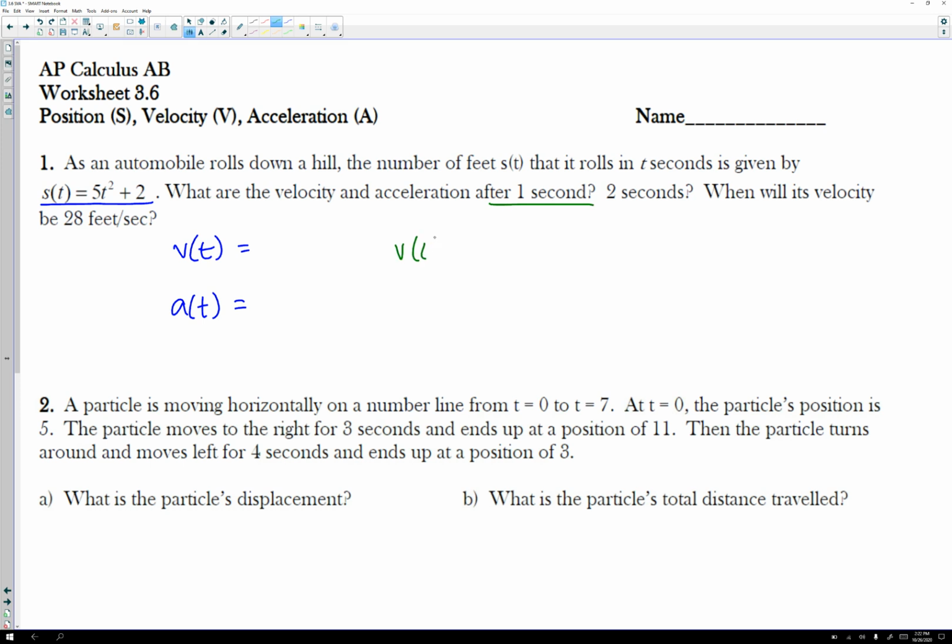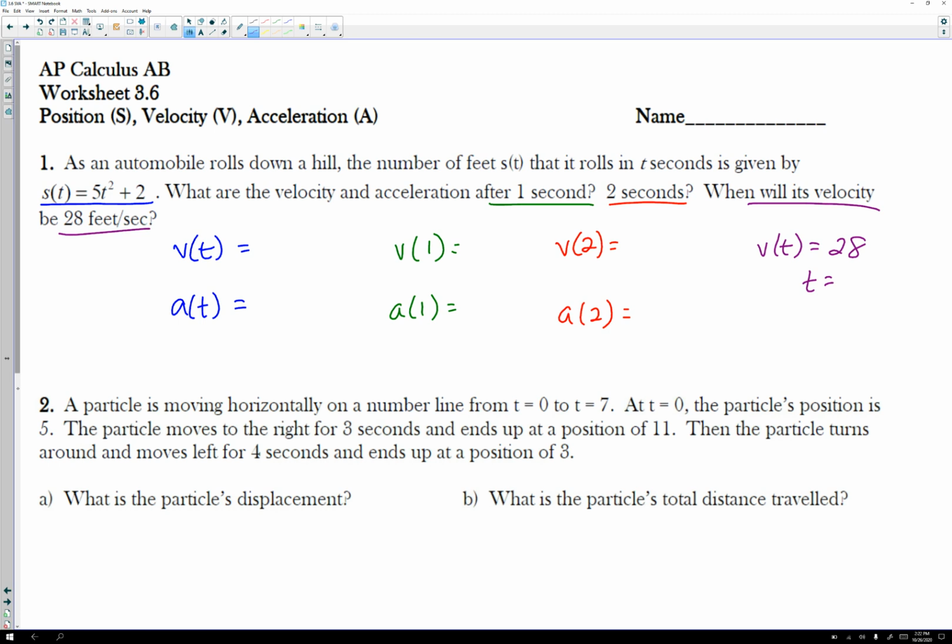You're going to find v of 1 and a of 1. And then after 2 seconds, you're going to find v of 2 and a of 2. Okay, and then when will the velocity be 28? You're going to set your velocity equation equal to 28 and solve for t. Okay, hopefully that's straightforward, but it's nothing like what we just did in the notes.